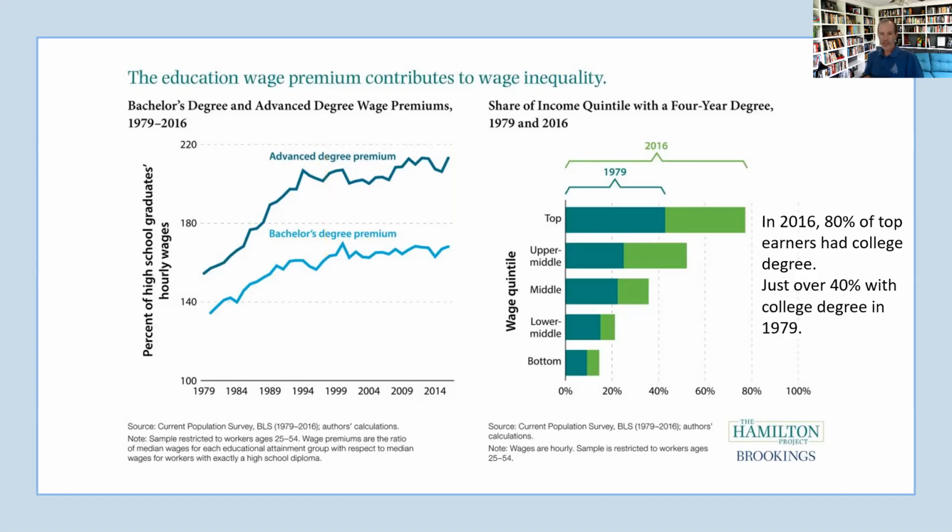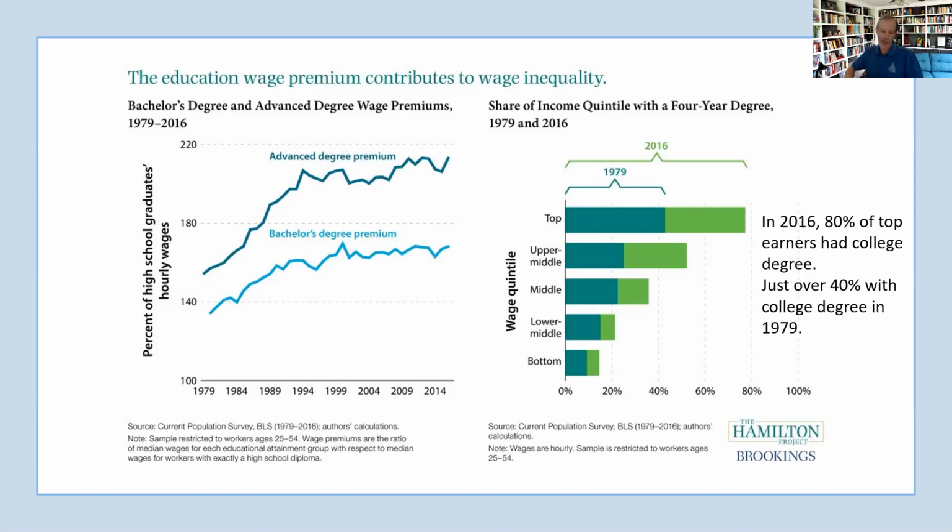We can also look at who's in some of these wage quintiles. This is back to the 20%. So if you look at this top 20%, in 2016, over 80% of the top earners had college degrees, but in 1979, only 40% in this top category. So if you want to be in this top income category, not everyone, but 80% of the people have college degrees.